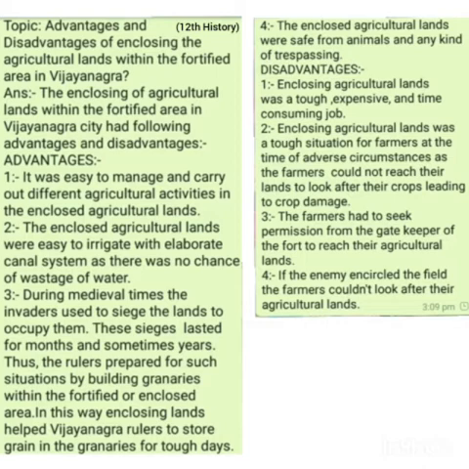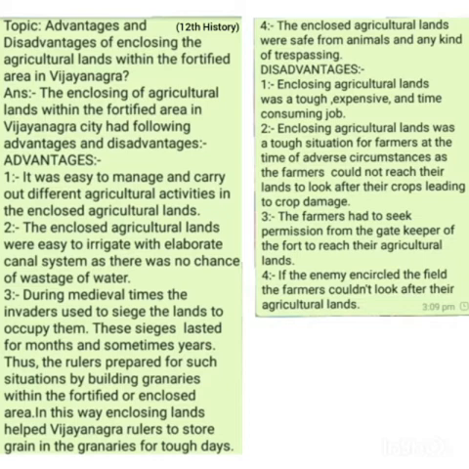So now the question is, what was the advantage and what was the disadvantage of enclosing agricultural lands within the fortified area of the city of Vijayanagara? Let us see advantages.